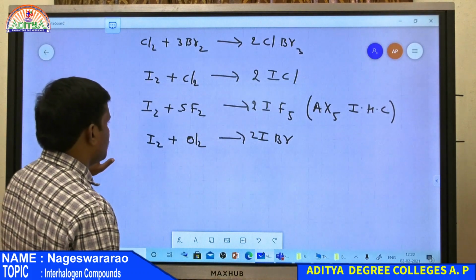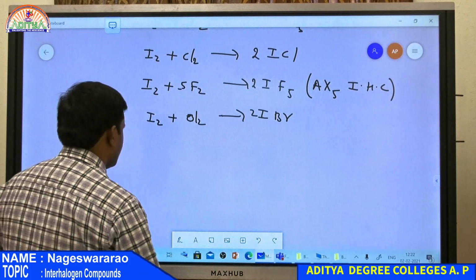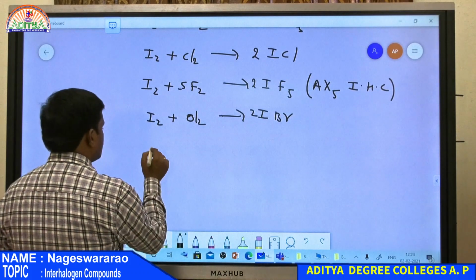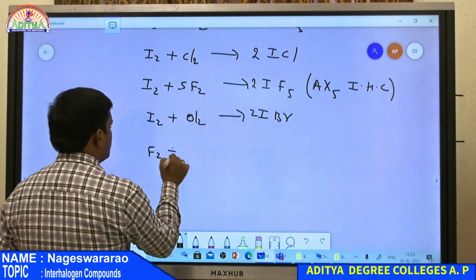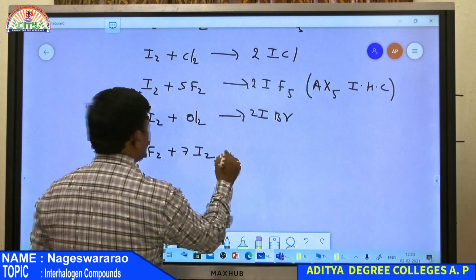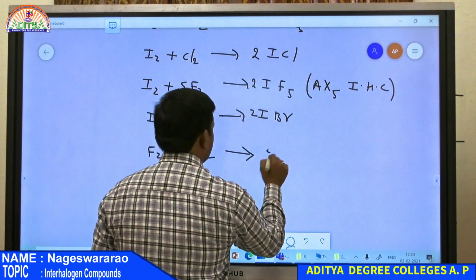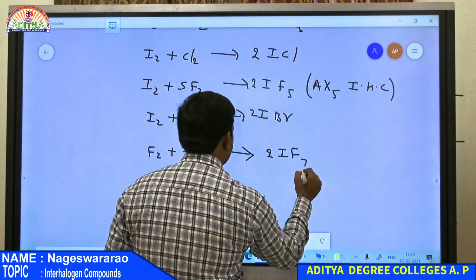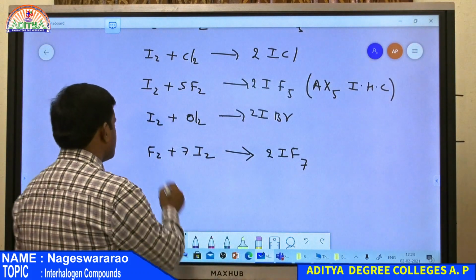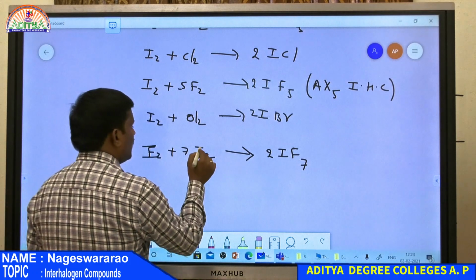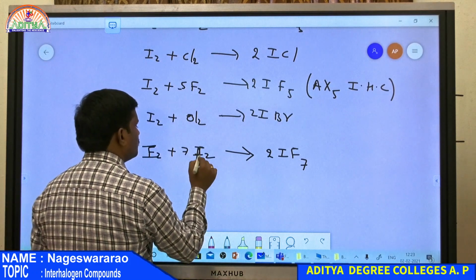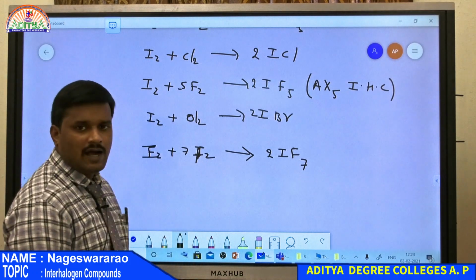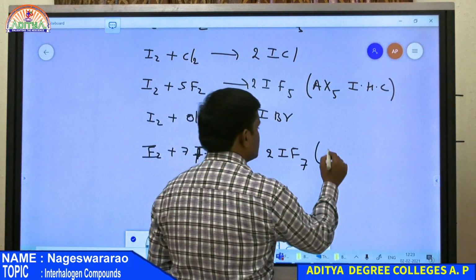And for the preparation of IF7 type, I2 plus 7F2 gives 2IF7. So this is 1 mole of I2 and 7 moles of fluorine, then it gives an IF7 type interhalogen compound.